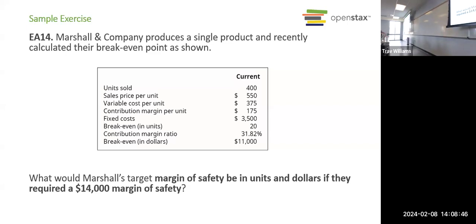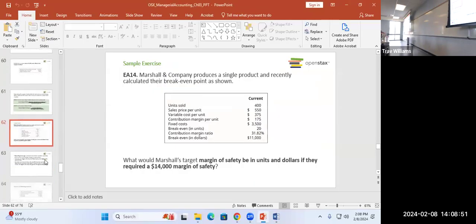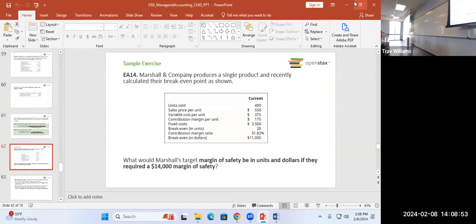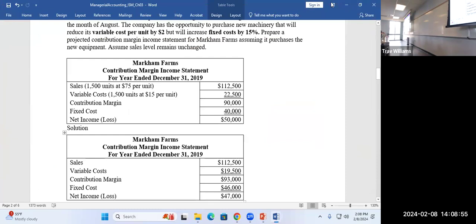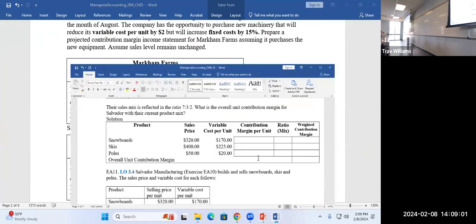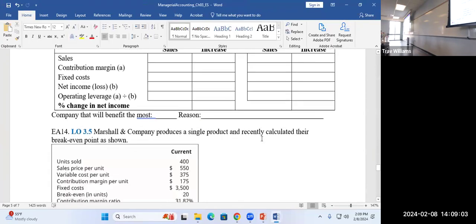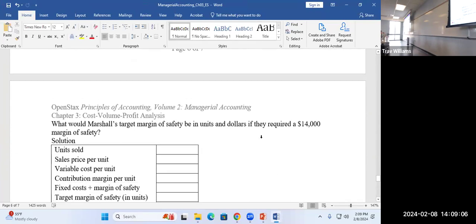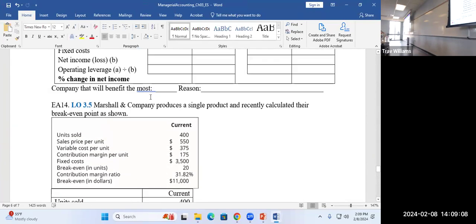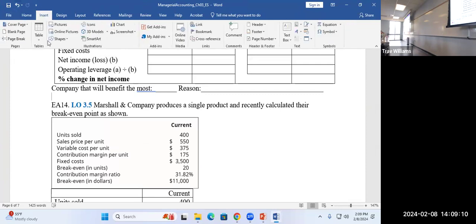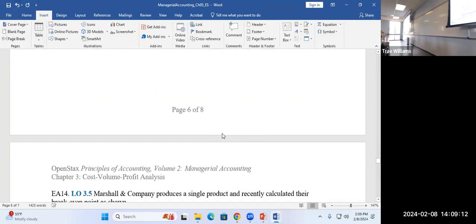Exercise 14. Okay, let me explain this one.